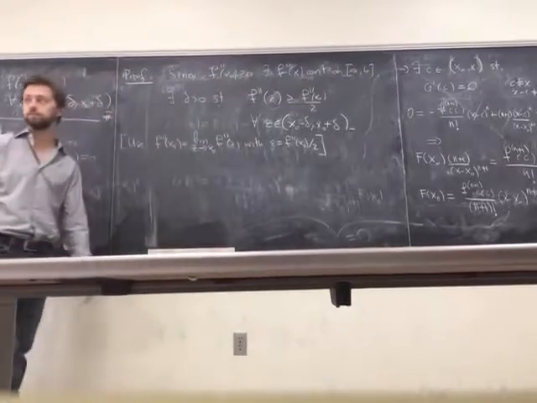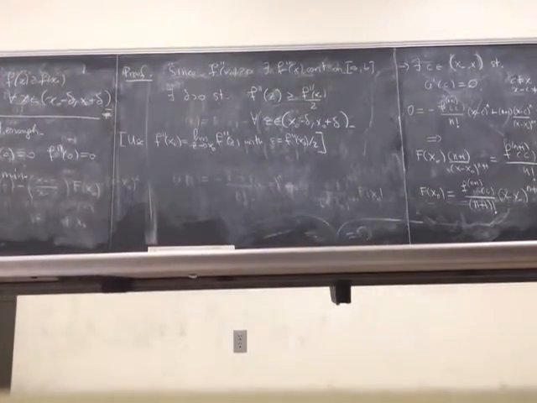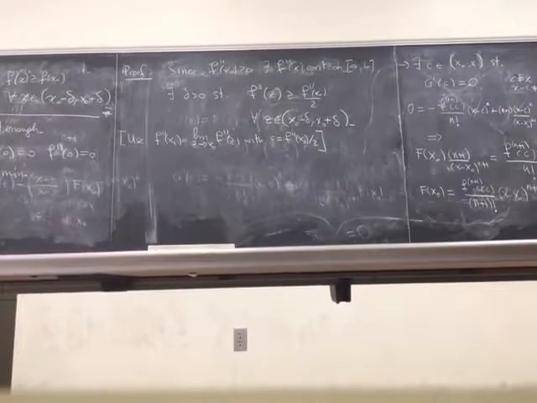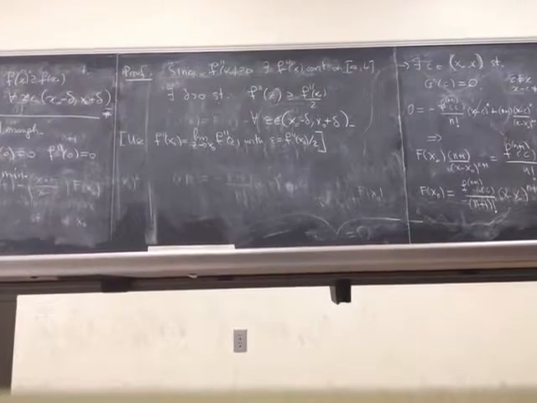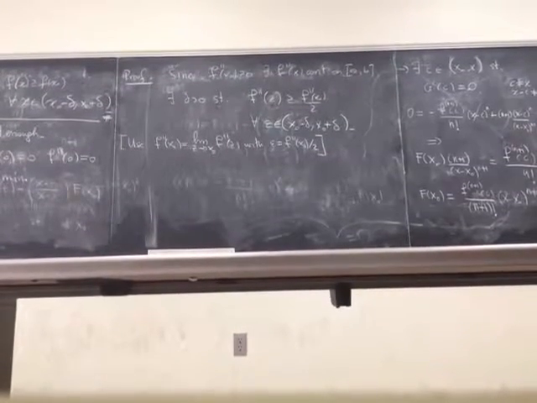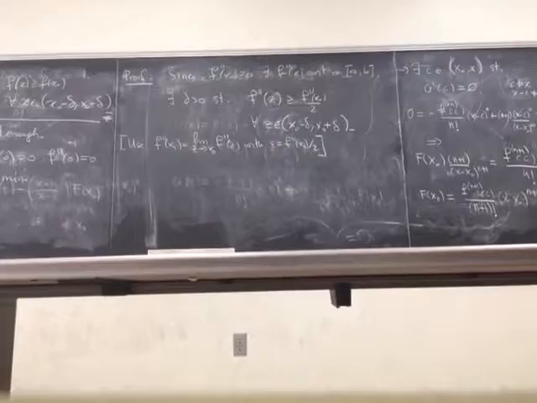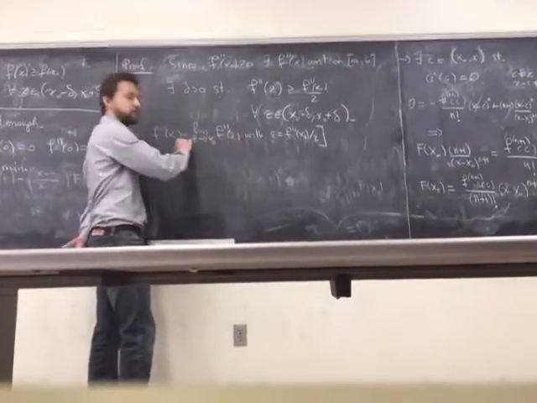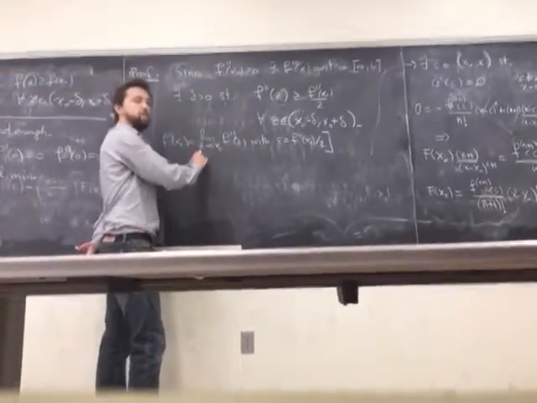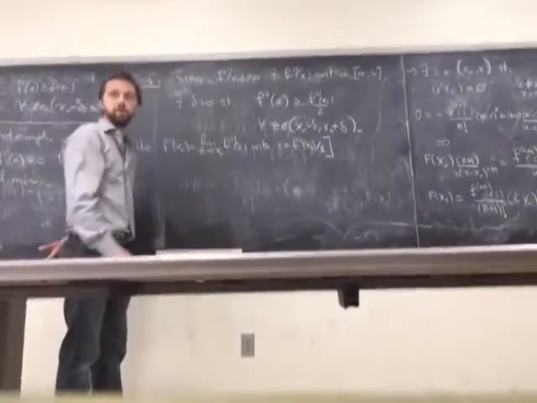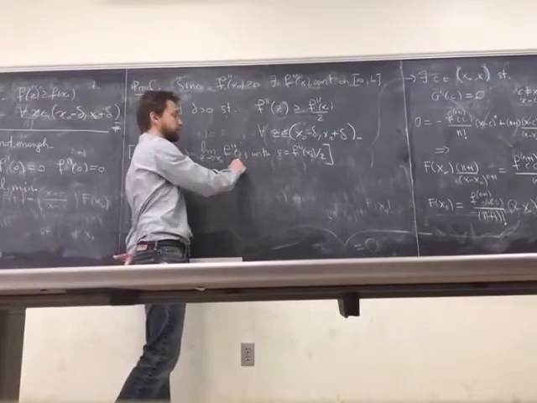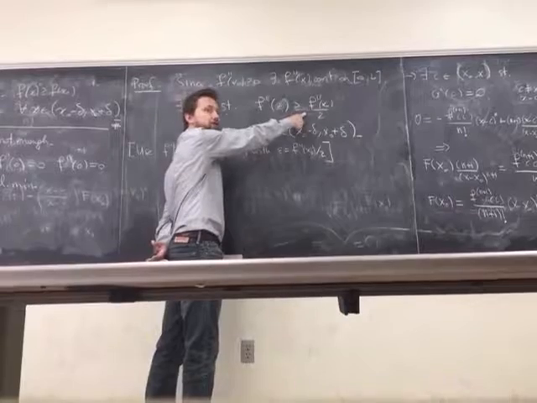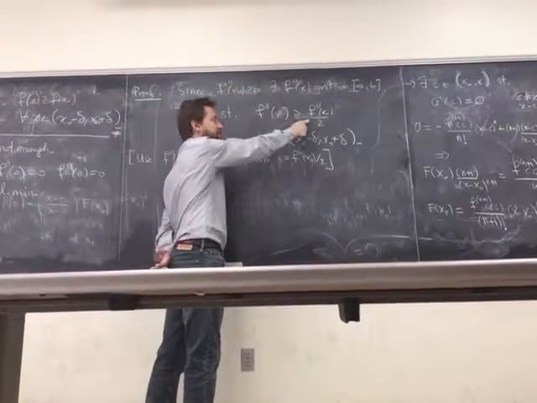And then I use the lower bound in the definition of limit. The definition of limit tells me that for this epsilon there exists a delta such that f second of z is epsilon close to f second of x naught, provided the absolute value of x naught minus z is less than delta. And being epsilon close to f second of x naught, for this epsilon, means in particular larger than f second of x naught over 2, larger than f second of x naught minus epsilon.